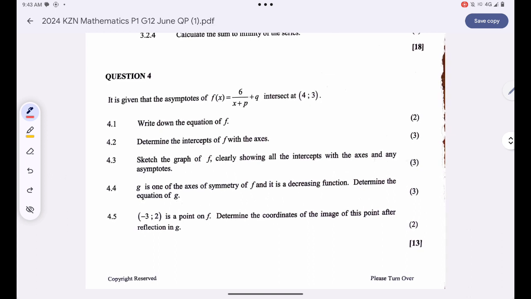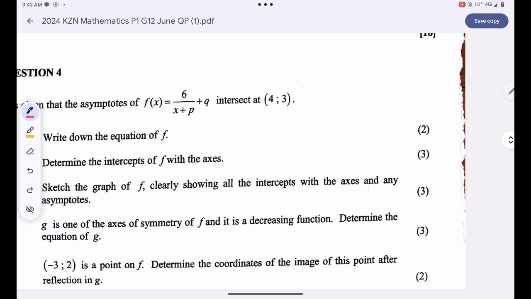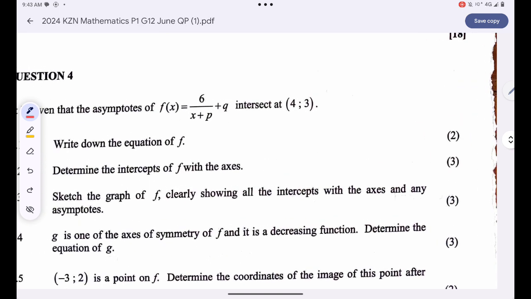Okay. It is given that the asymptotes of f of x intersect at (4; 3). They want us to write down the equation of f. Since we are given the asymptotes, guys, please note that we are given the value of q and the value of negative p. Why am I saying negative p?